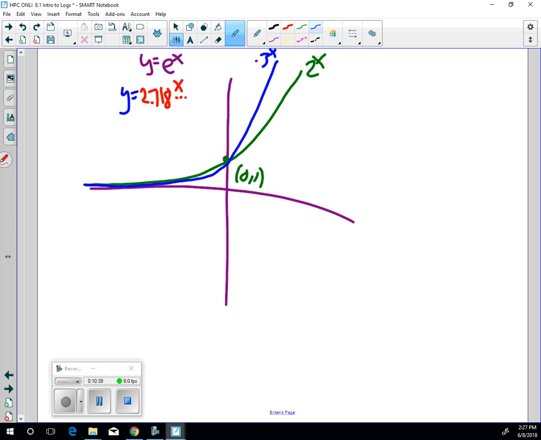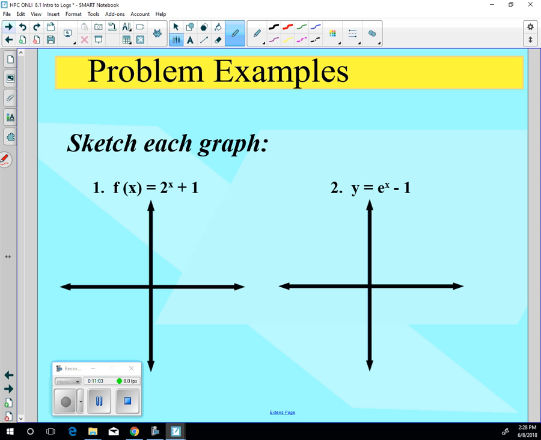Well, that's really close to 3. So it's going to be between 2 to the x and 3 to the x, but it's going to be closer to 3 to the x. So if someone asks you to draw e to the x, just draw 2 to the x. It'll be the same. Domain, all reals, range, 0 to infinity again. Okay, there's e to the x. And you could go e to the negative x, and so on.